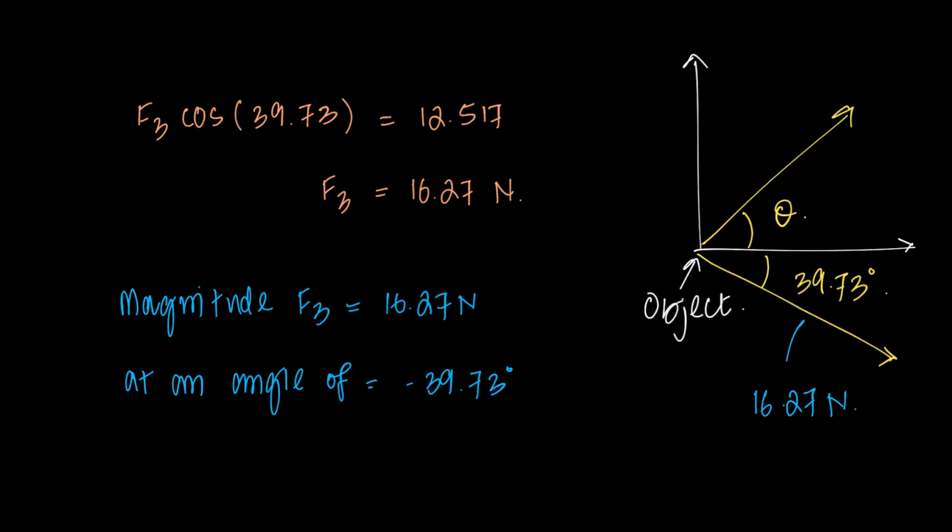All right, holding true to our promise, we're going to separate ways. So we just found out a few minutes ago the correct answer, but before that, we found out the horizontal component for the vector F3 came out to be 12.517.